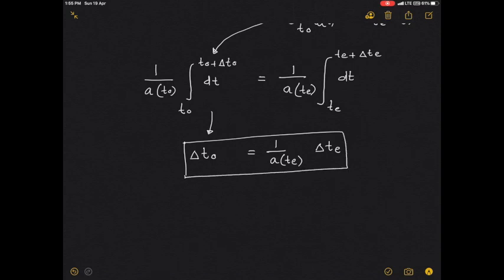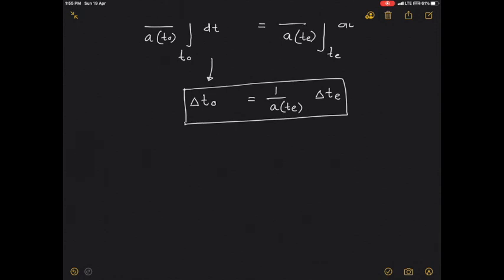Right? So this is the result of doing the same exercise that we did before, that experiment, with the FLRW metric now. So I have this extra factor over here. And as a consequence, delta t0 is nothing but the observed time period of the same electromagnetic wave, now the time period when the electromagnetic wave was emitted divided by a(te).